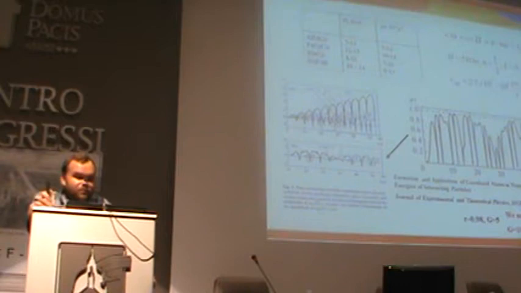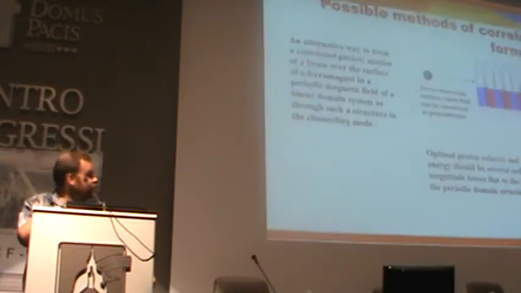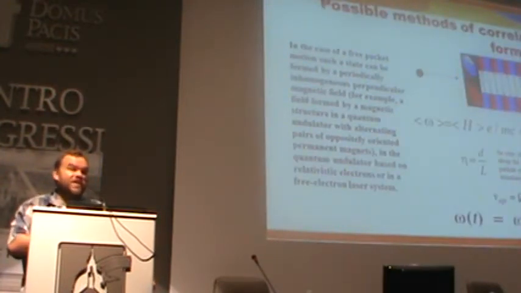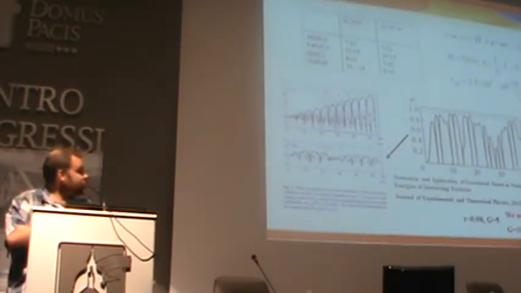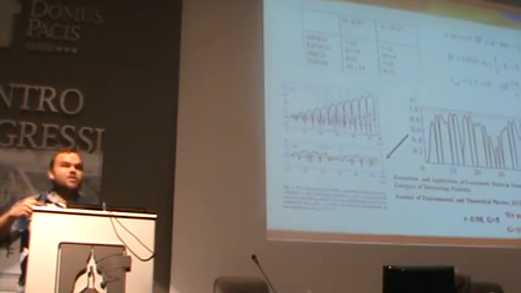For example, in our article that was published in the Journal of Experimental and Theoretical Physics, it was shown that such modulation is not very effective. During such modulation, we have an increase of the correlation parameter, but also in such a system we have an increase of amplitude.